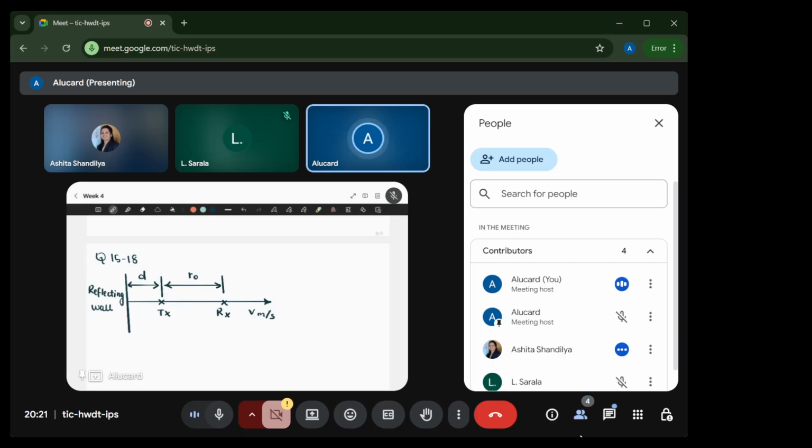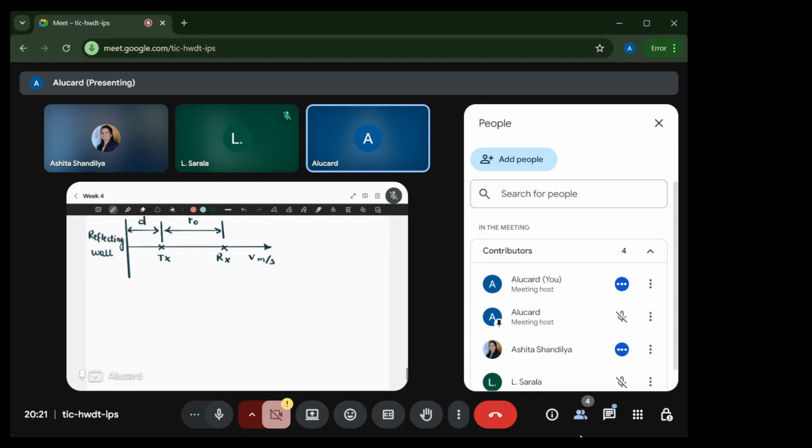So this data will be used for the next 4 questions. Now, question 15 asks you to write down the equation of the received signal.